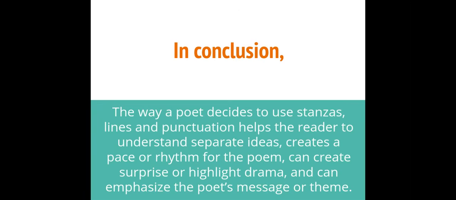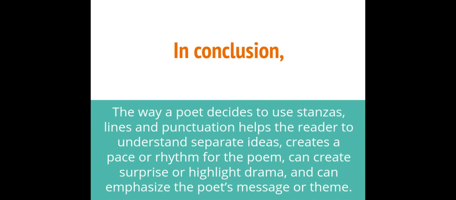All right, let's conclude. Look, the way a poet decides to use stanzas, or maybe not use a stanza, to use lines, to use punctuation, or to not use punctuation, all of this is important. And these are other things that we need to start looking at to kind of understand what the poet is trying to say.